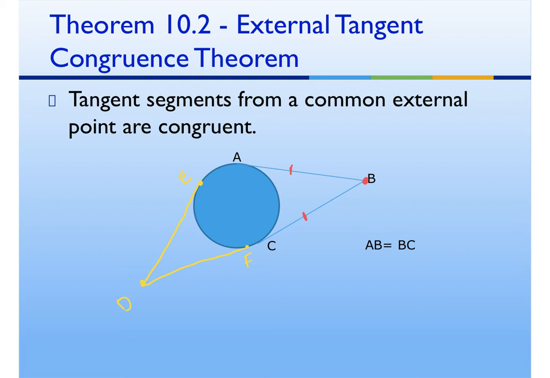Xavier? DF and DE. DF would be the same as DE. Very good. You can throw some two congruence marks on there. Now, this only works for a point that lies outside your circle. Does that make sense, guys? And those two lines are tangent to the original circle. Cool beans?